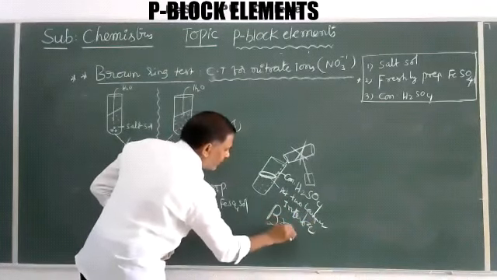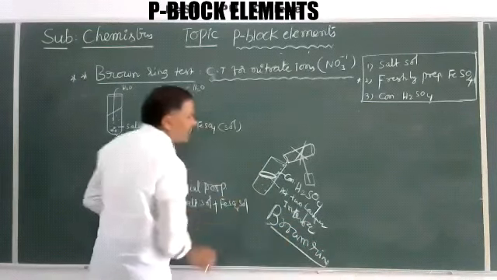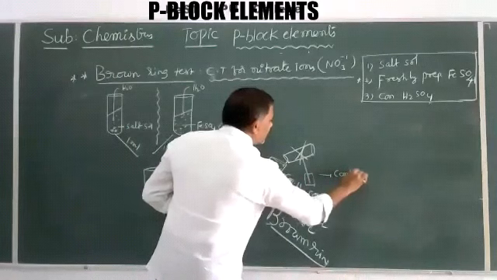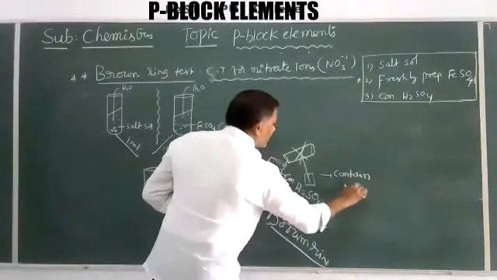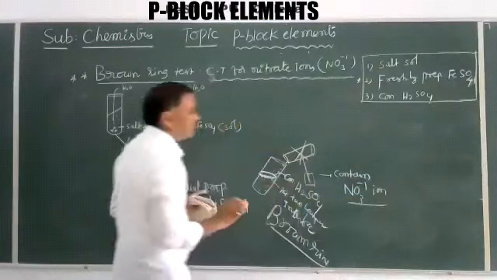A brown ring is produced, which indicates that the given salt solution contains NO3 minus ion. This is clear confirmation.